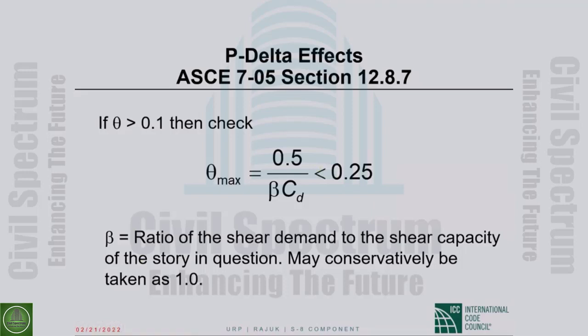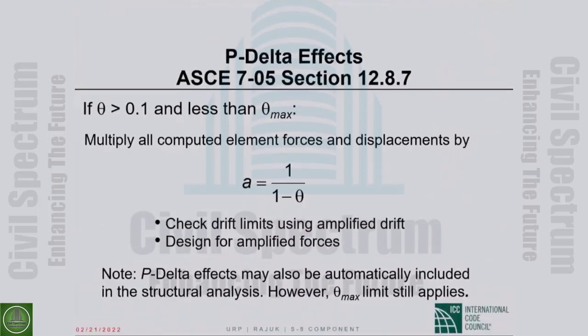The secondary moment cannot be any more than 1/4 of the primary moment, because then we are pretty afraid of structural instability. So if theta goes beyond or becomes equal to 1/4, then you will have to change something in the structure to make it more stable.